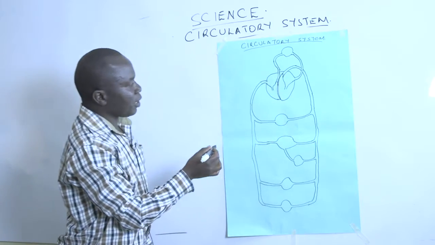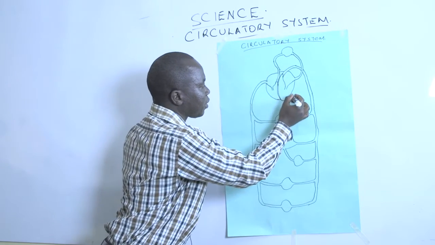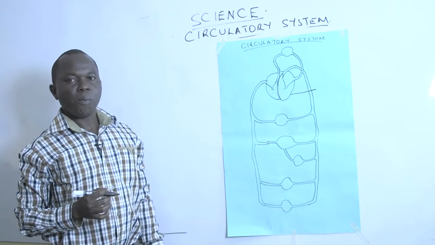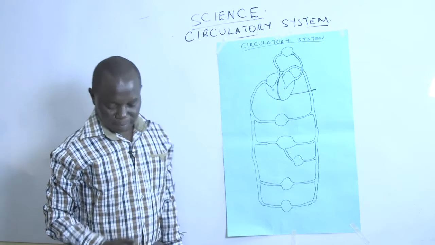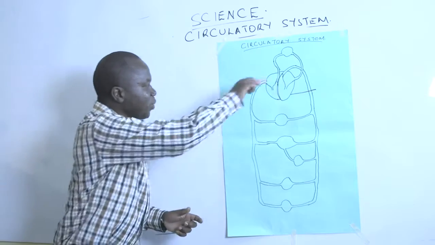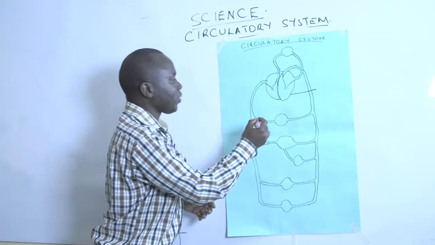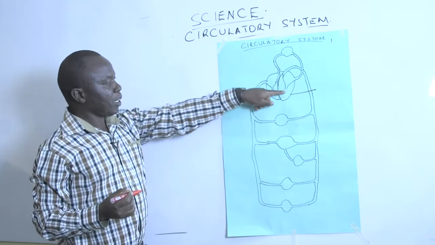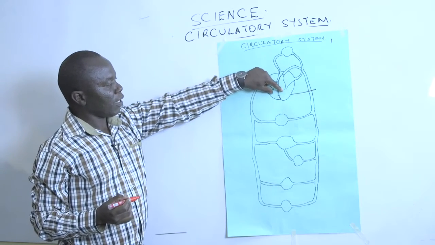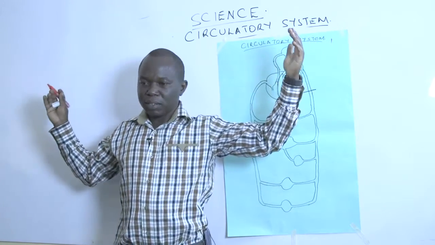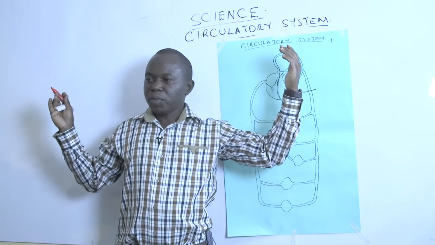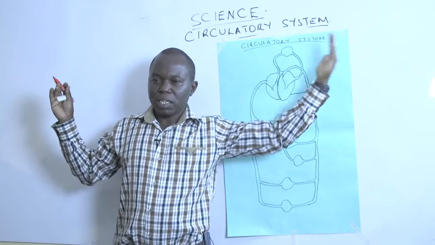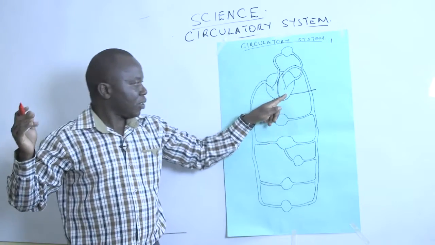So this is the heart, but this heart has some parts. If you do labeling from this position, this part is the left, this is right.